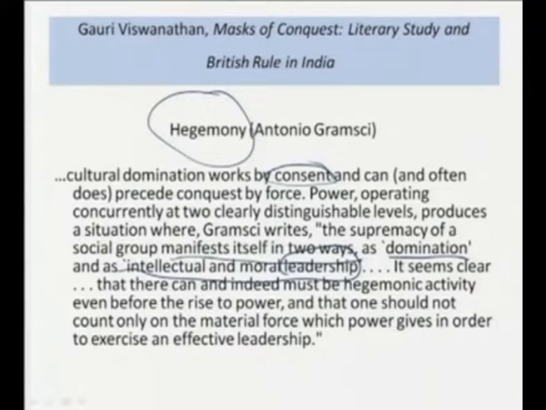It seems clear that there can and indeed must be hegemonic activity even before the rise to power, because there has to be a level of consent, okay, and that one should not count only on the material force which power gives in order to exercise an effective leadership.